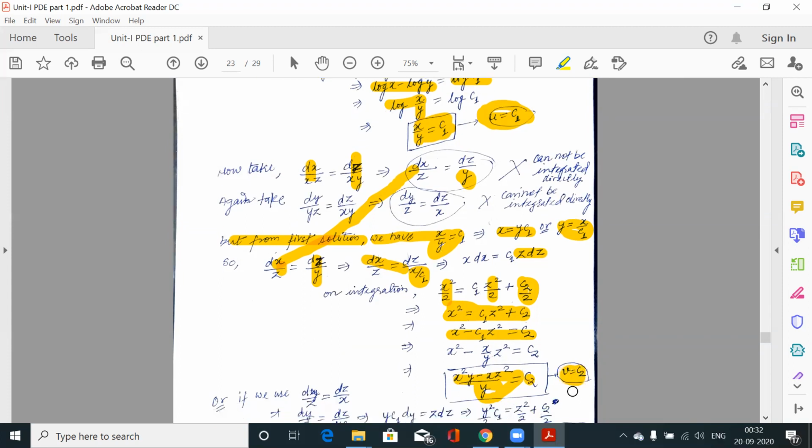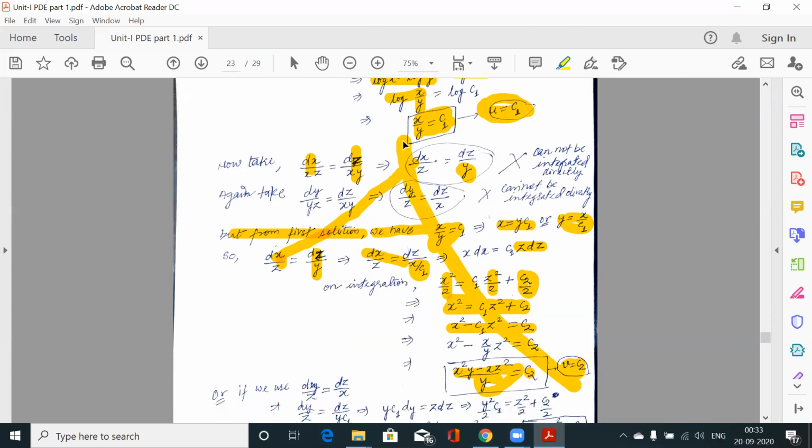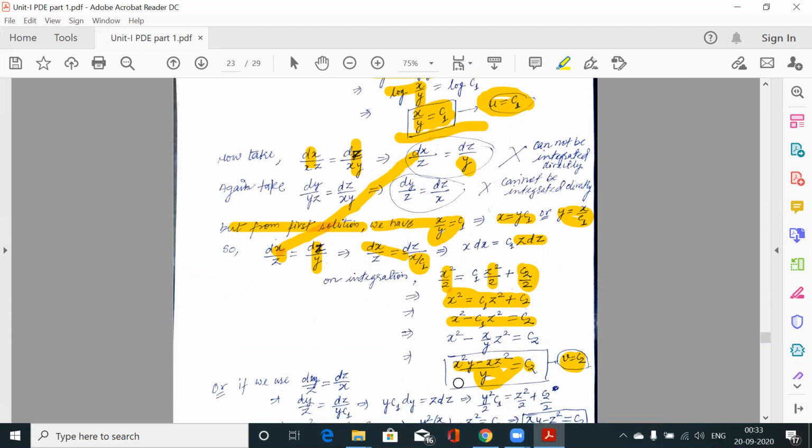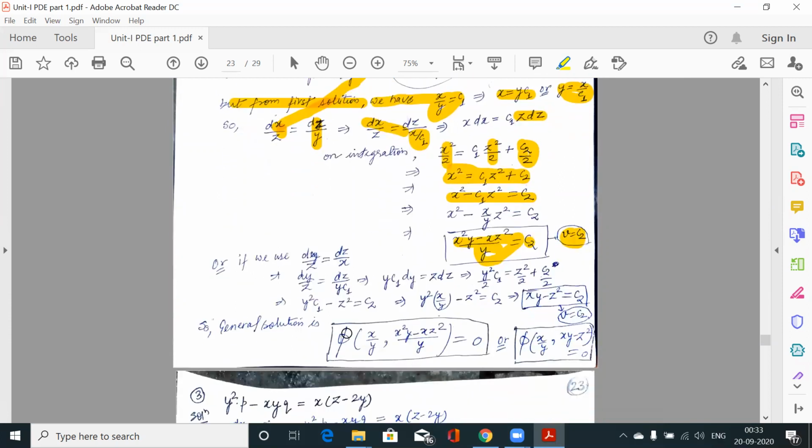So we have two integrations. x over y, this is our first solution, x over y is equal to c1, and this is our second solution. So we can write the solution as a function of u, that is x over y, and the second solution, x square y minus x z square over y, is equal to 0.